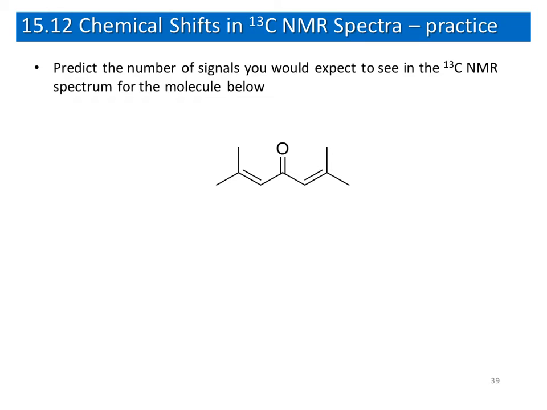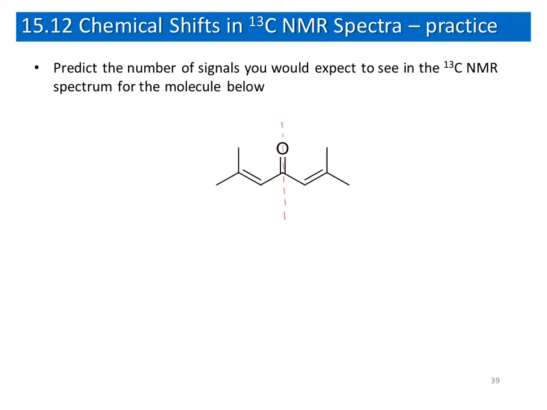So another practice problem, we want to know how many signals we can see in carbon NMR for this structure. So we are still looking at carbons, and we are looking at different environments. Now, do we have a plane of symmetry in this molecule? Yes, we do. So we have a plane of symmetry that passes through the molecule from here. Okay.